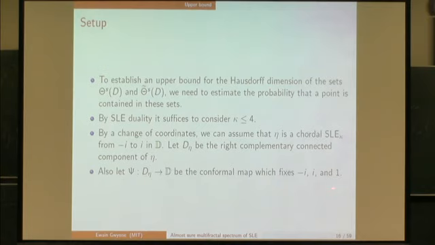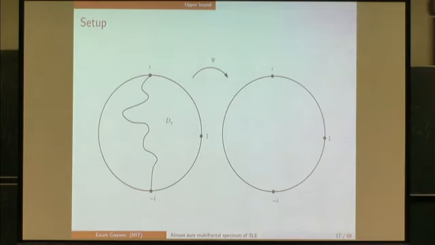This psi is equal to the inverse of the map phi, which was used in the definition of the multifractal spectrum. So here's an illustration. We've got our domain D over here, and we're mapping it to the disk and fixing negative i and 1.